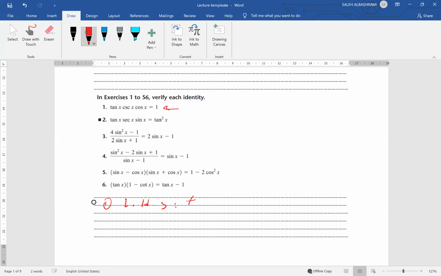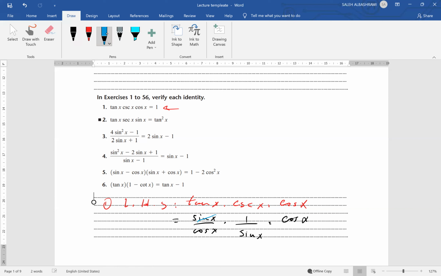We have tangent x multiplied by cosecant x multiplied by cosine x, which is equal to, now tangent, if we use the ratio identities, it is sine x over cosine x multiplied by cosecant, which is 1 over sine x, multiplied by cosine x.